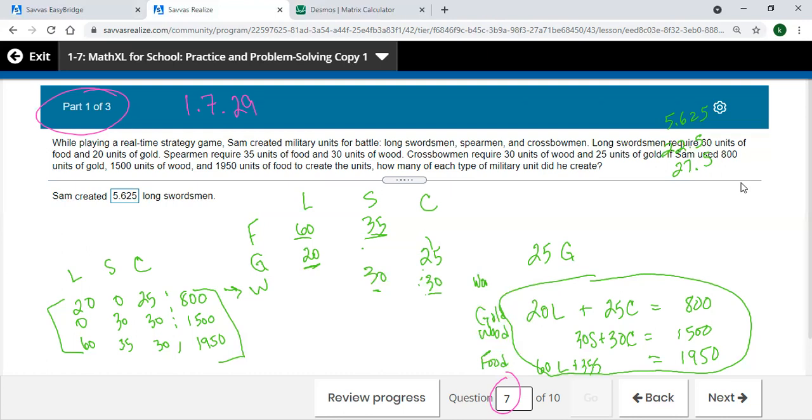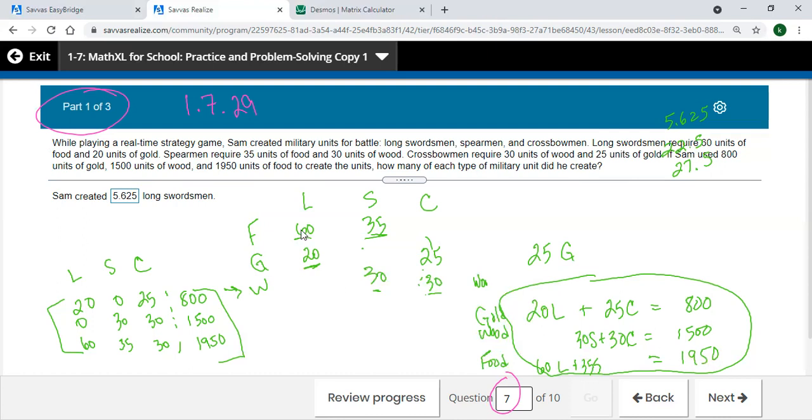Okay, and then wood, 1500, yep. And wood was 30 and 30 by S and C. Yeah. And then 1950 of food. That's in the bottom right.